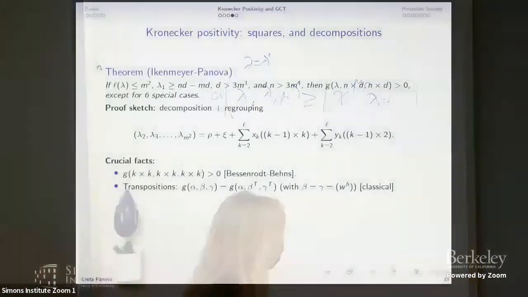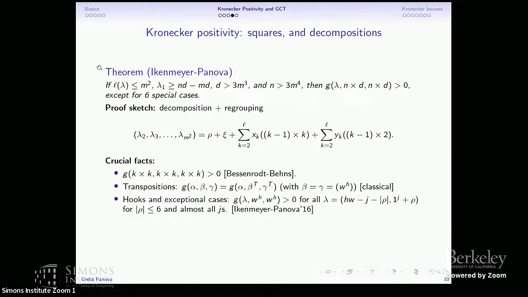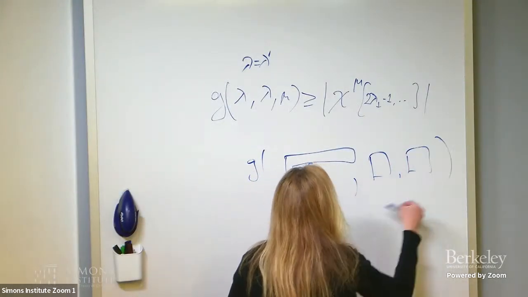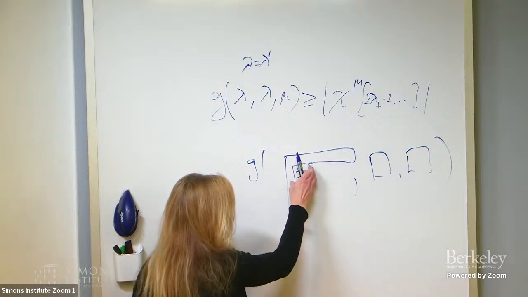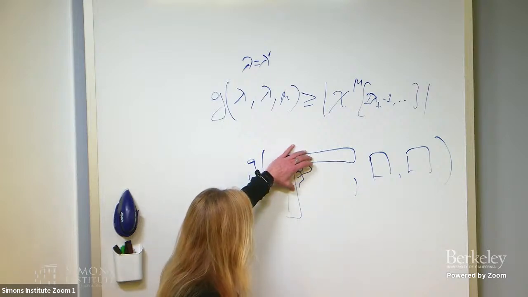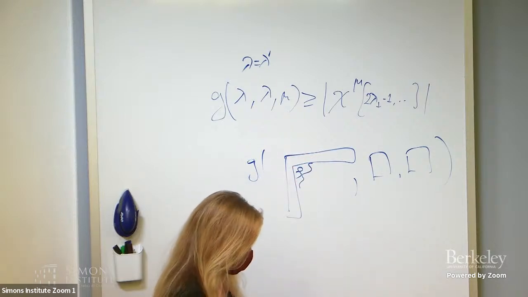So we have some other nice properties: if we conjugate a partition, the Kronecker coefficient remains the same. And then a third property: we can prove that if we take a Kronecker coefficient with a particular hook, and then any type of smaller partition here, as long as this is positive for some small partition, it is going to be always positive.